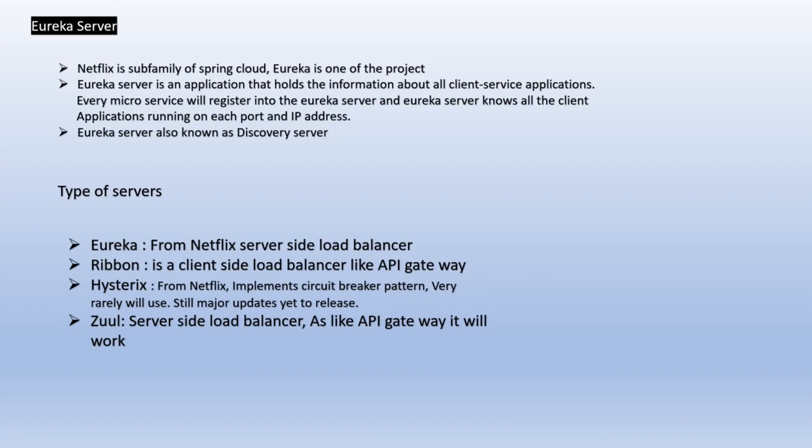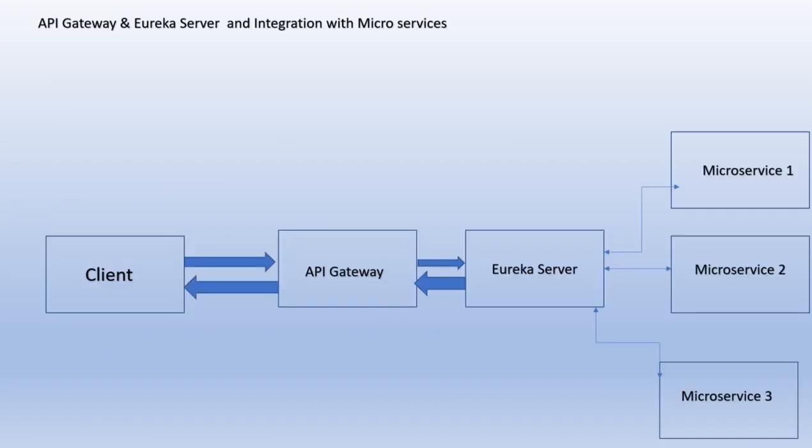And now in this session we will see about API gateway and Eureka Server. Let us see the architecture of API gateway and Eureka Server, and how it is integrated with multiple services. This is the API gateway and Eureka Server integrated with microservices.